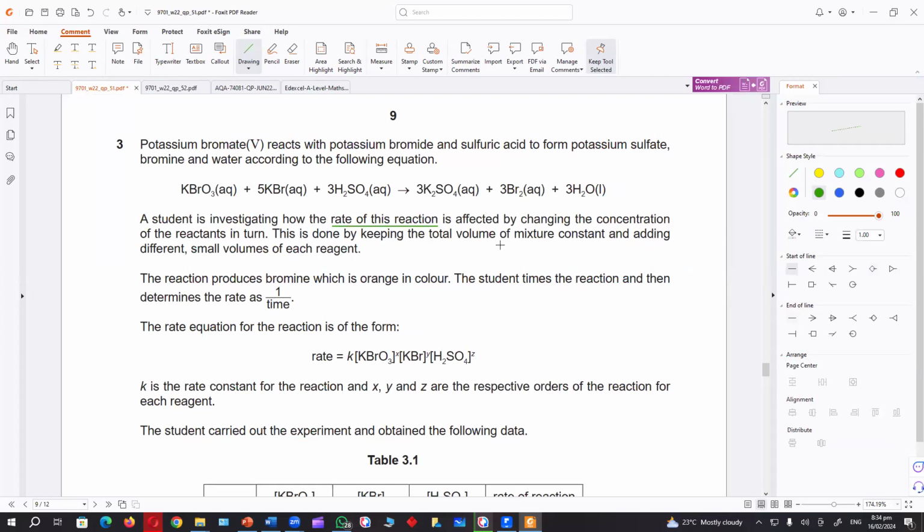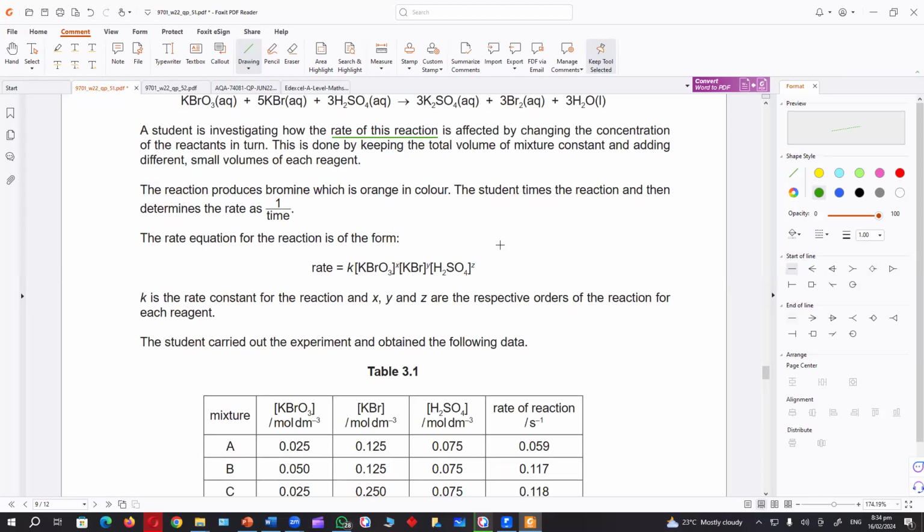This is done by keeping the total volume of mixture constant and adding different small volumes of each reagent. The reaction produces bromine, which is orange in color.